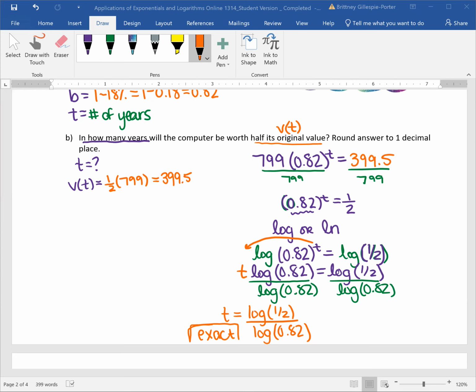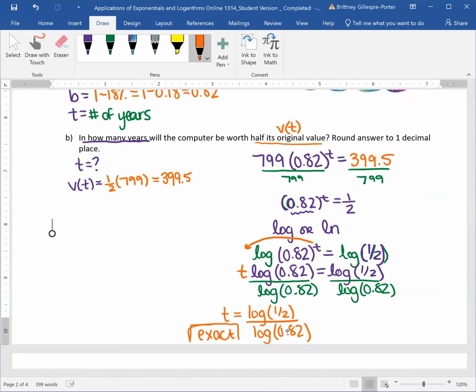But you need to take log of 1/2, and then you're going to divide that by log of 0.82, or ln 0.82, which gets you the same thing.